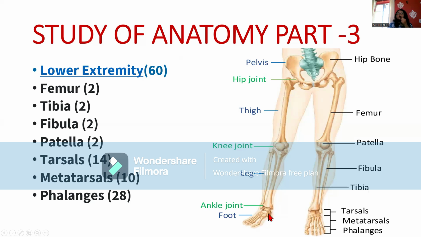The tarsal bones here are 7 in number, not 8 as in the carpal region. The carpals are 8 in number and the tarsals are 7 in number. How the 8 is becoming 7, I will clear when I say about the skeleton of the foot in detail in your consequent studies. Okay, why the number is lower here.